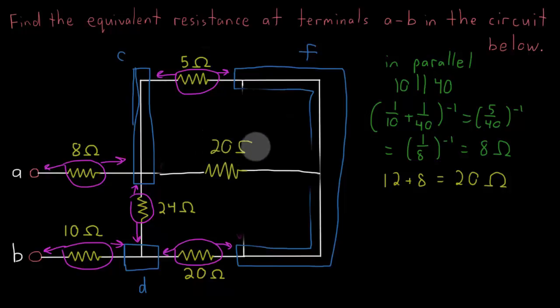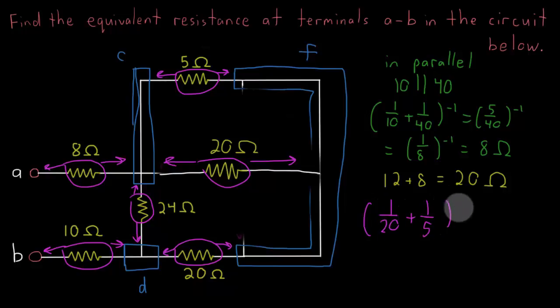Now to simplify things again, we can actually see that this 20 ohm resistor is connected to node C and node F, which is the same as this 5 ohm resistor. So these two resistors are actually in parallel. So we're going to find the value of the new resistance by doing the same calculation as above. Taking the inverse again of 1 over 20 plus 1 over 5.